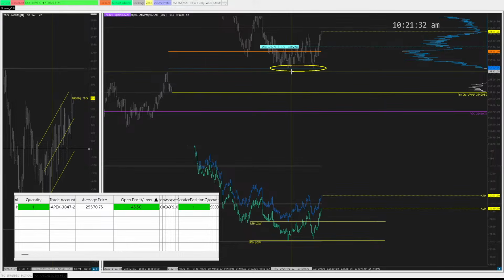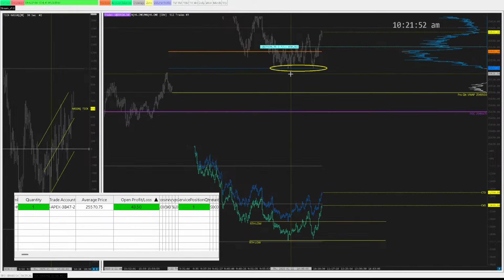So I have two data feeds that I use. Because this is an Apex account, obviously I'm using their data feed. And then I also have the Sierra Chart Denali data feed. I try to drive all the order flow stuff with the Denali feed, and the trading chart you're seeing is just connected to Apex.